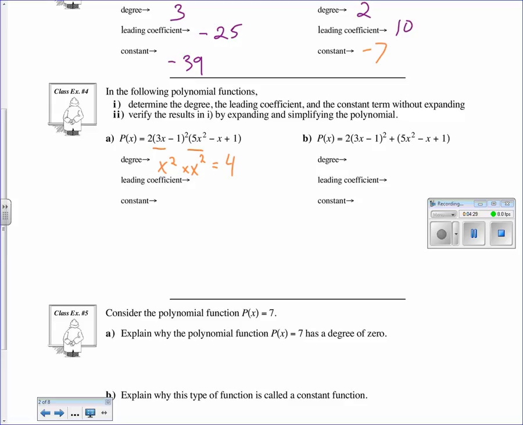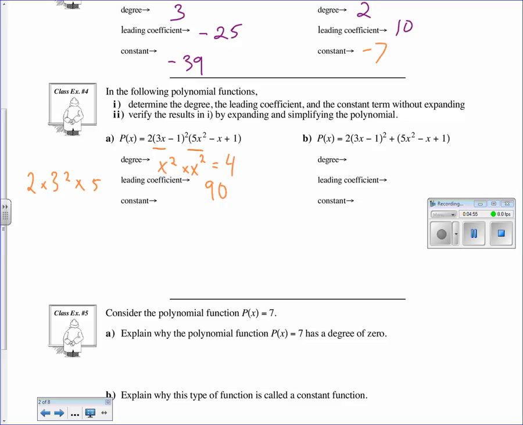My leading coefficient is going to come from that same multiplication step. The 3 squared, that's 9. 9 times 5 is 45, and 45 times 2 is going to be 90. So that was the 3 squared multiplied by 5, and then eventually multiplied by 2. Where does my constant come from?